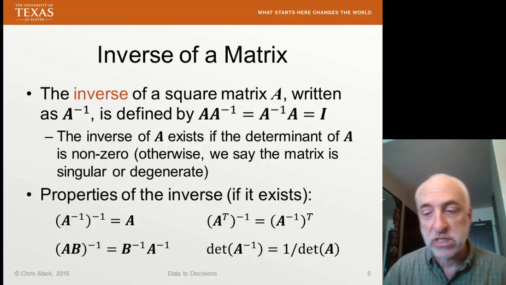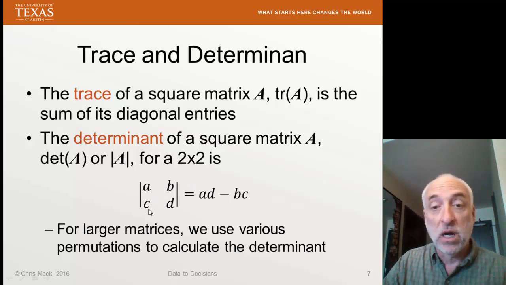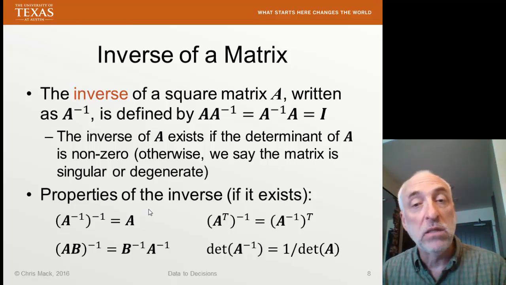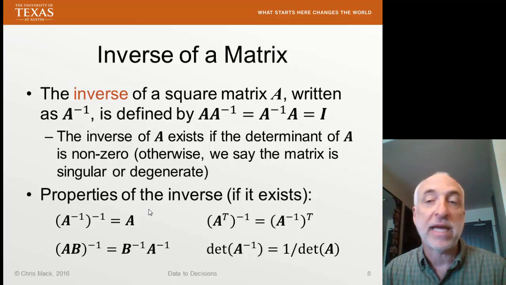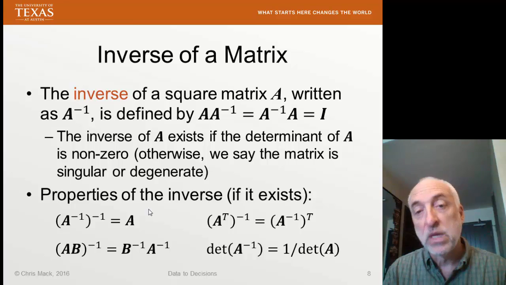If the determinant of a matrix is 0, right, so we come back here, if A times D is equal to B times C, for the case of a 2 by 2, then we know that the inverse doesn't exist. In that case, we say the matrix is singular or degenerate.